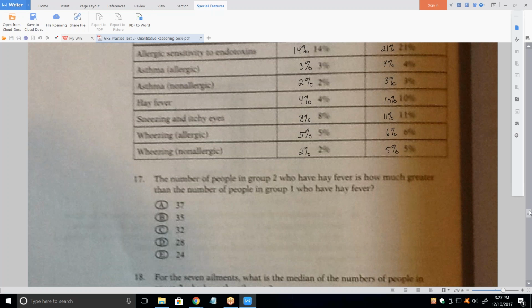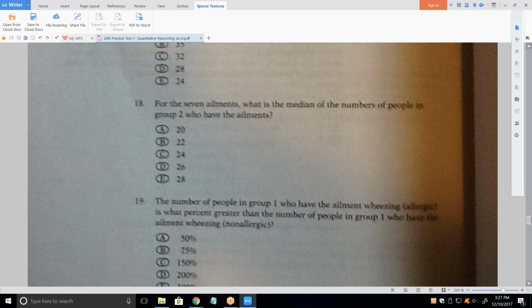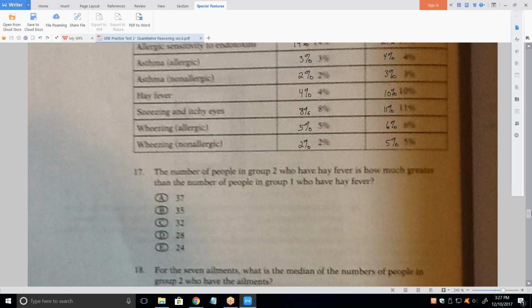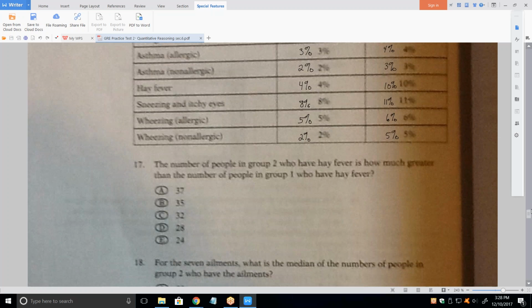All right, now this is going to be tough. Let me look at the question. For the 7 ailments, what's the median of the numbers of people in group 2 who have the ailments?